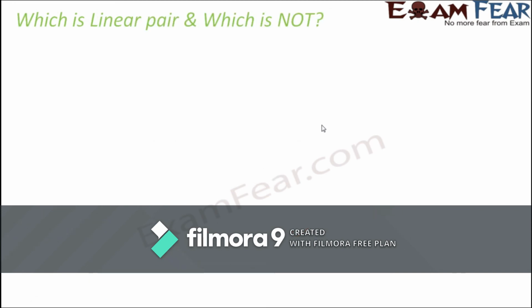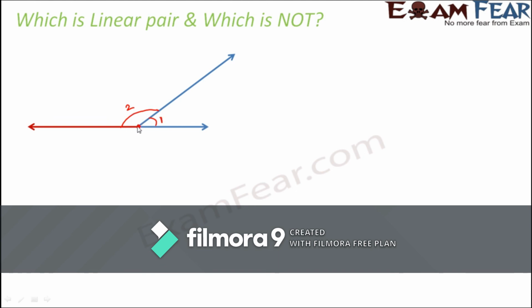Now let us look at some examples and check which is a linear pair and which is not. Let us look at the first one. Do you think this is a linear pair? This angle, let's call it angle 1, and let us call the other angle, angle 2. Do you think they are a linear pair?